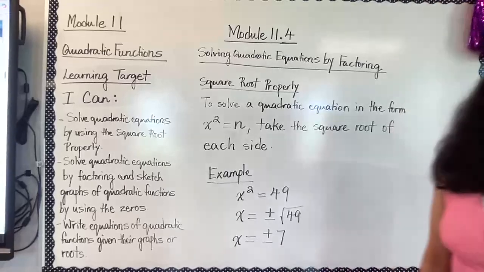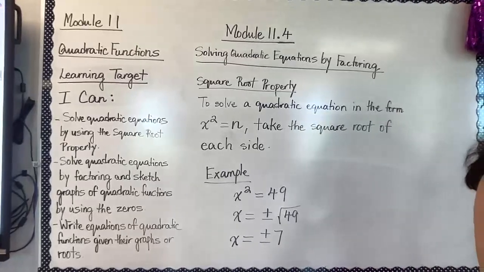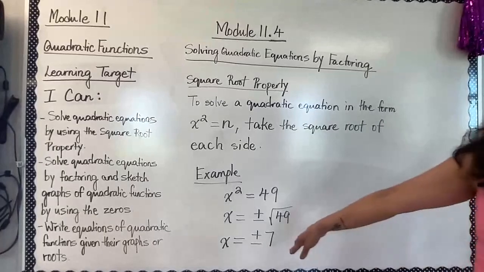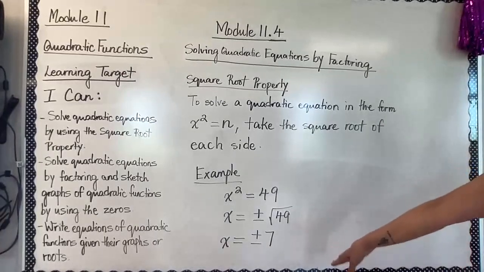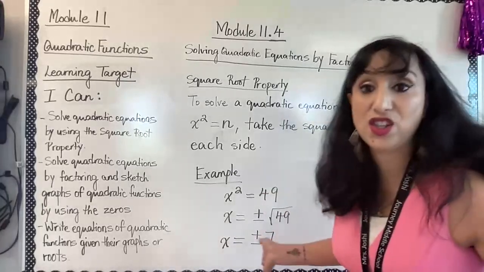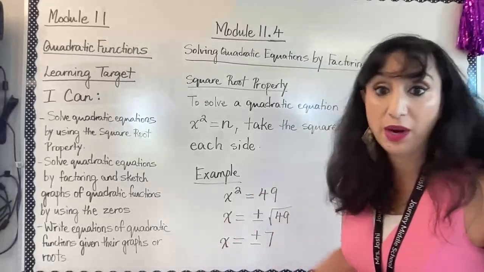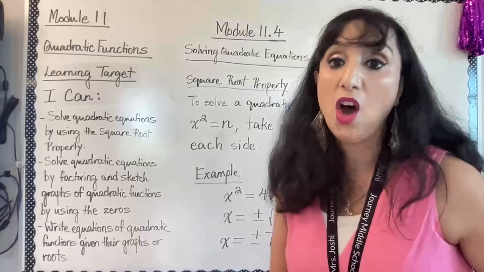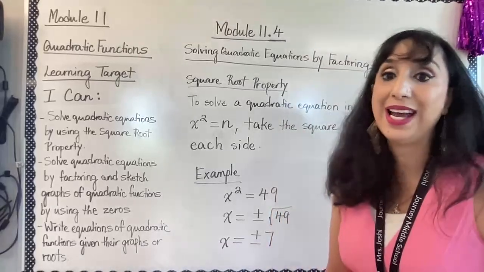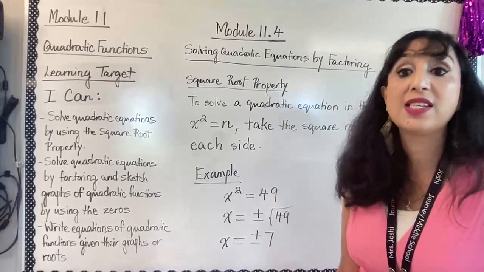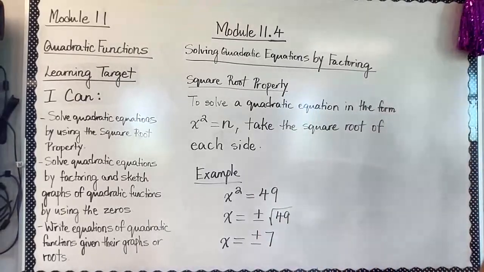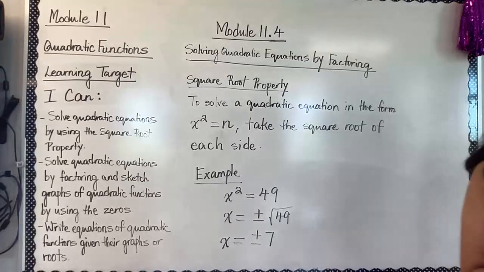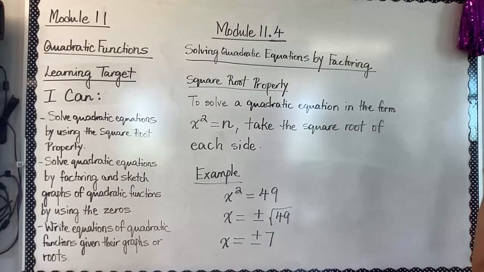Okay? So now, here's the thing. In the equation x squared is equal to n, if n is a perfect square, you will have an integer answer. If it's a perfect square, like 49, 25, or 16, these are all perfect squares, so I will get an integer answer. Like in this case, I got 7, right? But if n is not a perfect square, you will need to keep your answers in radical form or approximate the square root.